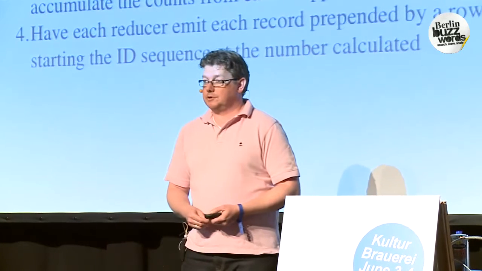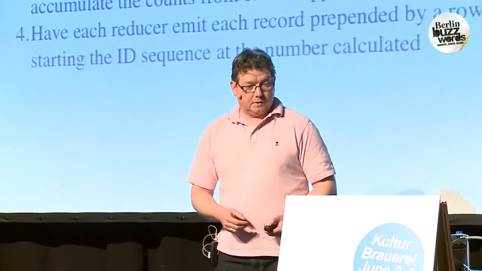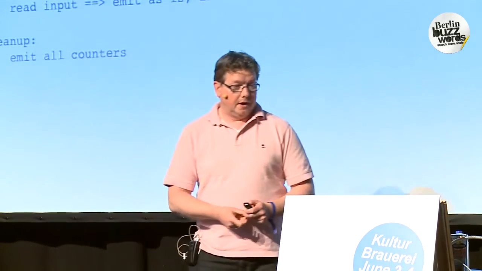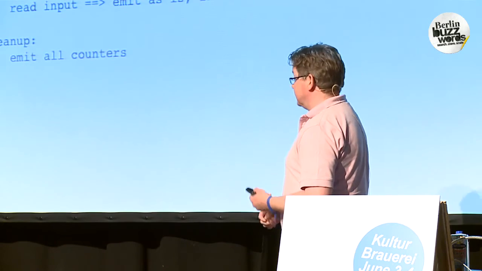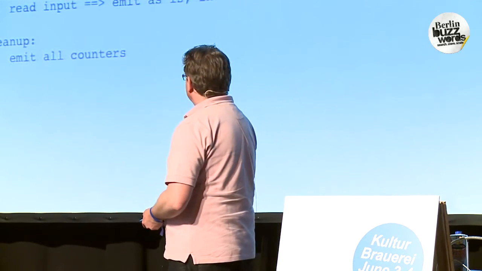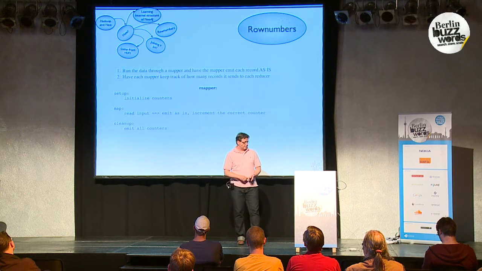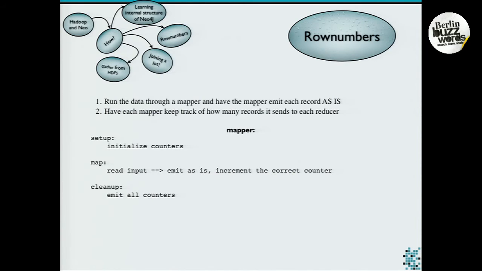At the end, when the mapper is done with the data, it also emits those counters. I'm going to lead you through an example to make it more clear. The mapper first initializes the counters when starting, reads the input, emits the input as is, and increments the correct counter based on the hashing code it gets from the partitioner. At cleanup, it emits all counters that it incremented for the data it saw during the input.